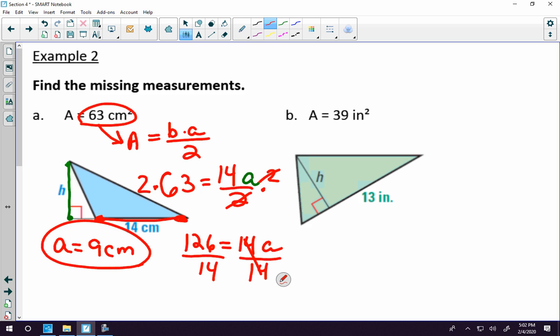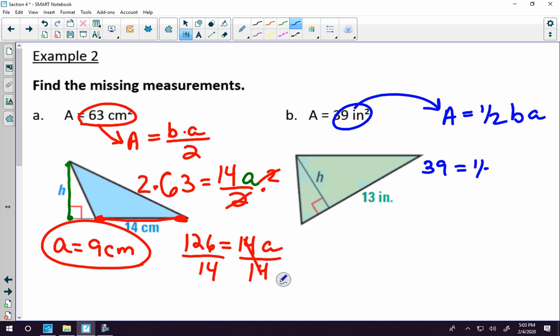Okay, let's look at example B. We know the area, so we go: area equals 1/2 base times altitude, the space inside of a triangle. We know what the area is, so we're going to substitute 39 in properly. The area equals 1/2 of the base length.